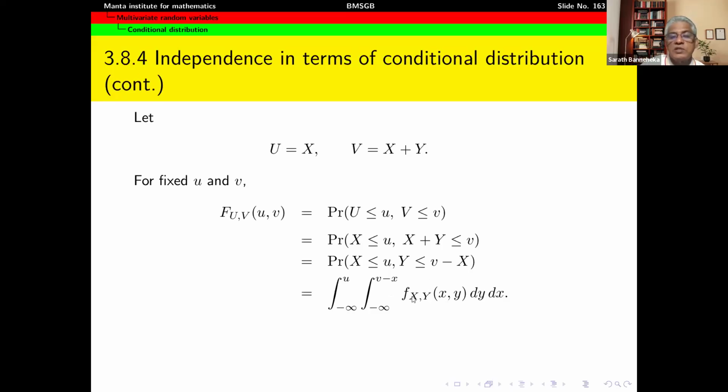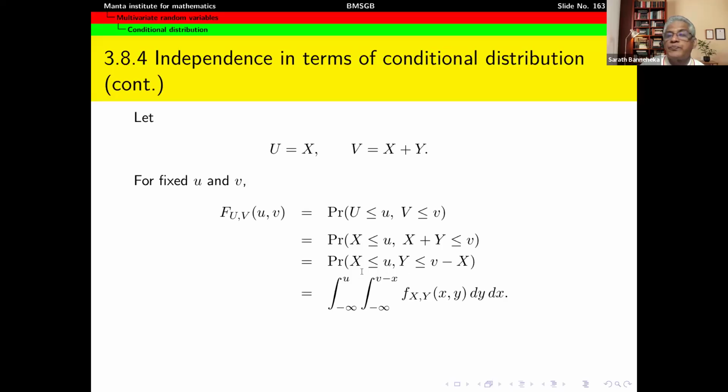The joint density has to be integrated. I'm usually integrating with respect to y because in that case I can consider a vertical line on which I am integrating with respect to y. So we have to consider a subset here, separated by the line x equal to u and the line y equal to v minus x. For a given x, y will be changing from minus infinity to v minus x.